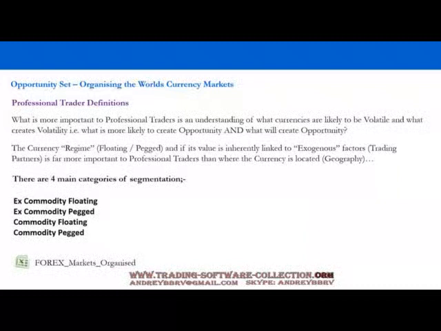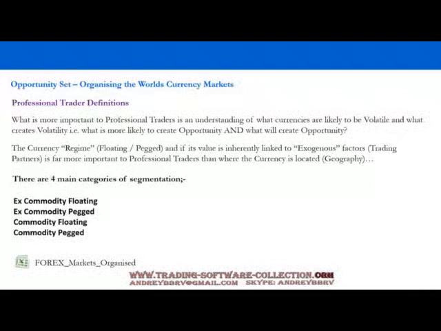So exogenous factors are factors that affect the value of a currency, but they are outside the control of central authorities within the country. So for example, if you're a country that depends very heavily on one trading partner on the other side of the world, but that trading partner has a difficult time in their economy, that is going to have an effect on your currency as a country, whether you like it or not.